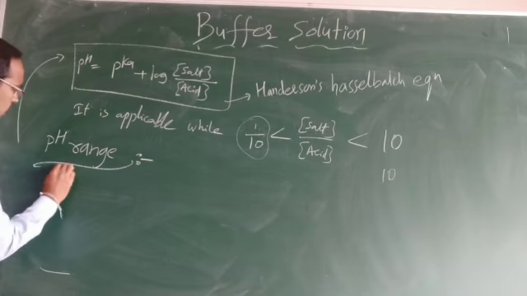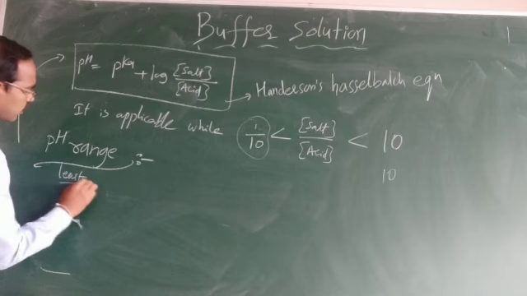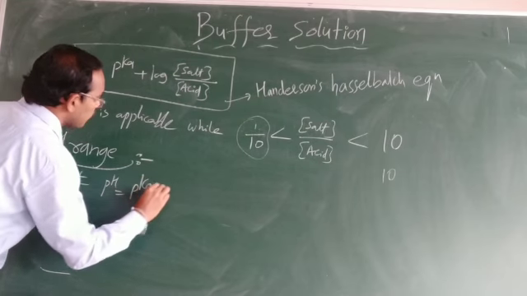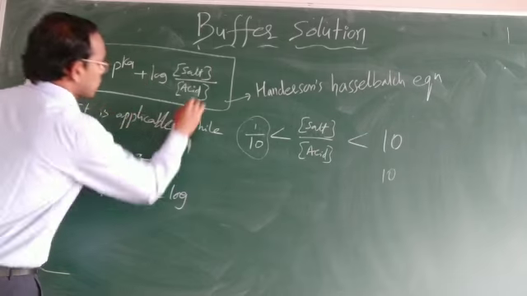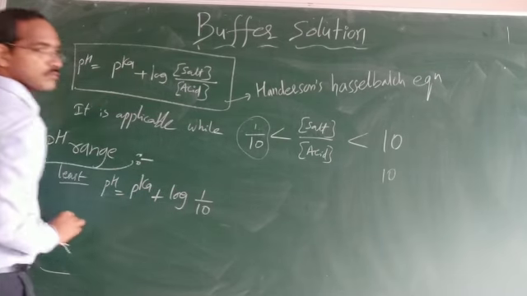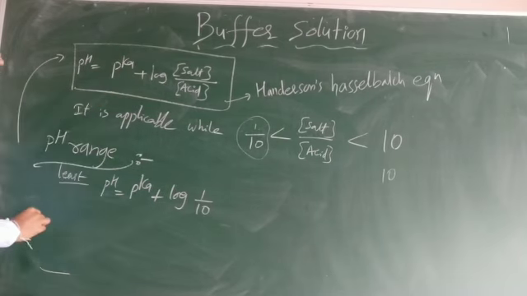So I am taking the least first: pH equals pKa plus log of salt by acid concentration, where the least is 1/10. I can write 1/10 as 10 power minus 1, so log gives minus 1. So pH equals pKa minus 1. It is the lower limit.